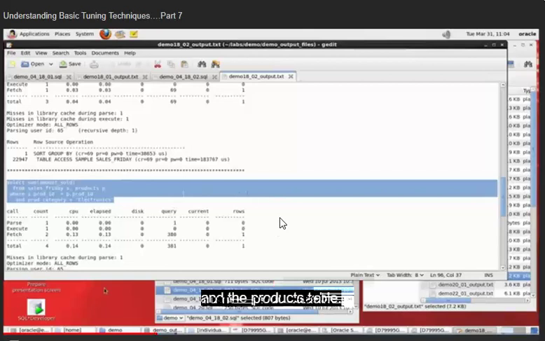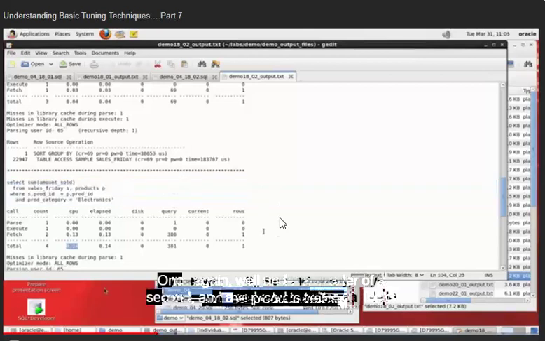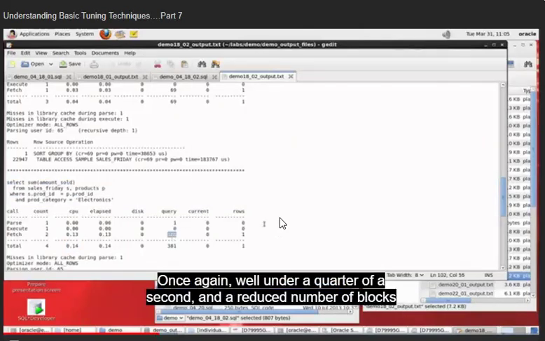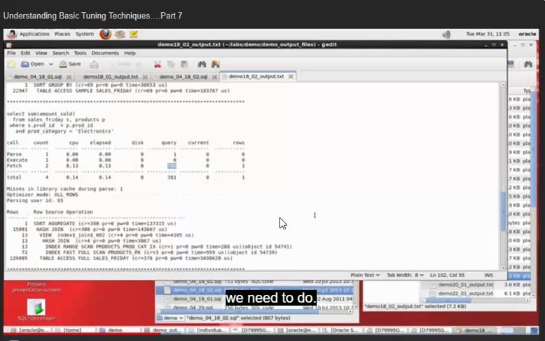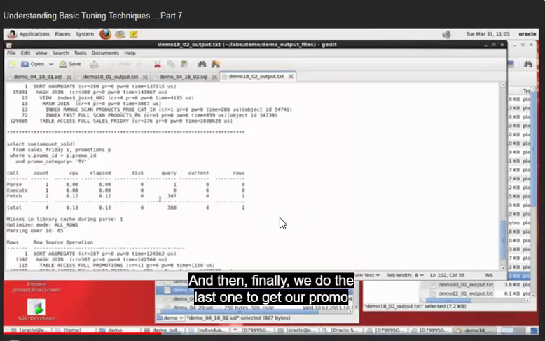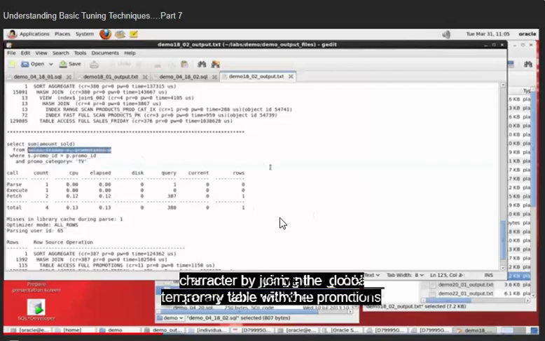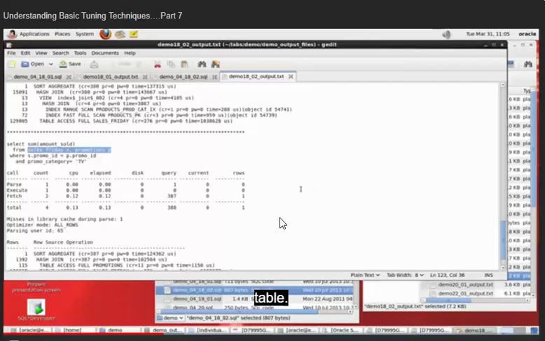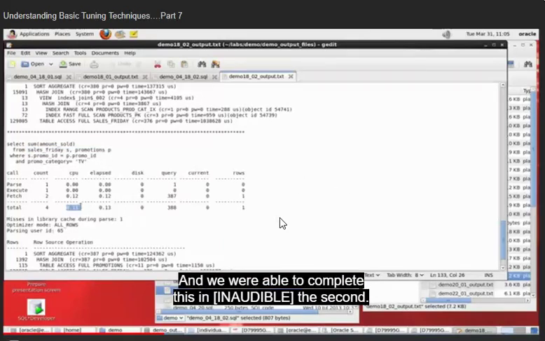And then finally we do the last one to get our promo character by joining the global temporary table with the promotions table. And we were able to complete this in less than a second. So they all took well over a second each. The sum of them is less than a second this time.